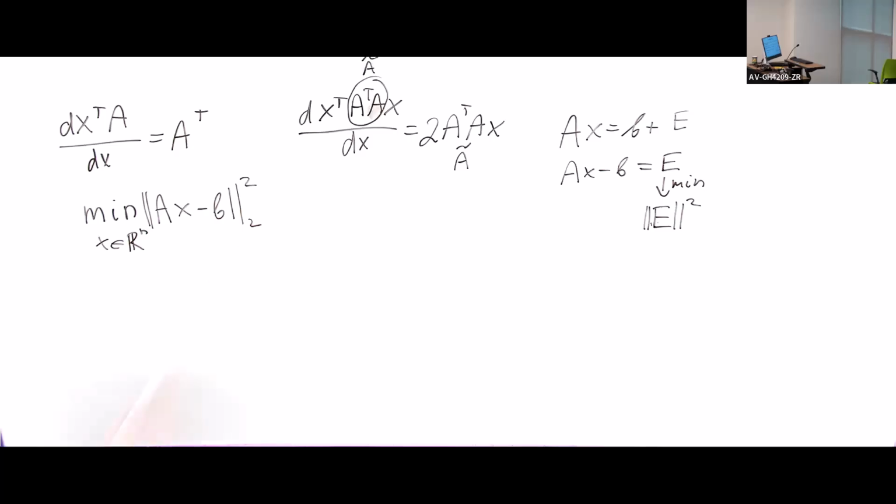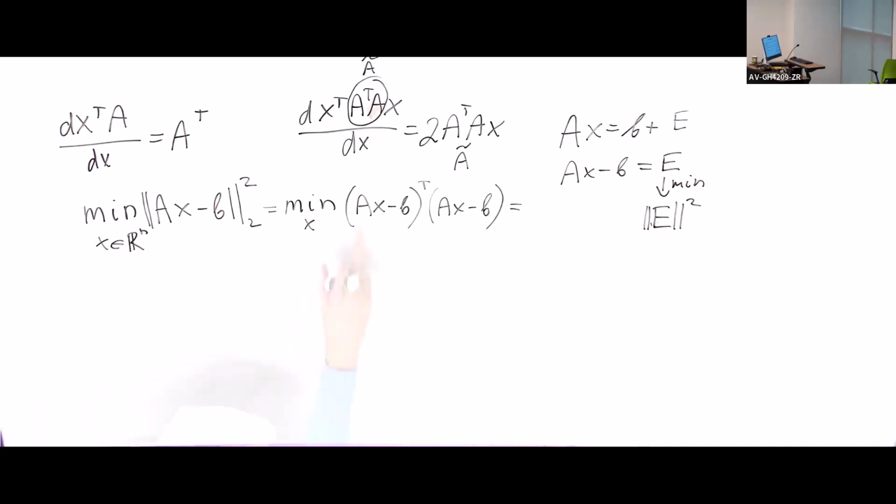So it will be the minimum, and I'm substituting over all of the x's, (Ax minus b) transpose times (Ax minus b). Remember, this is what the norm is, the dot product between a vector and itself. So let's open the parentheses and see what happens.